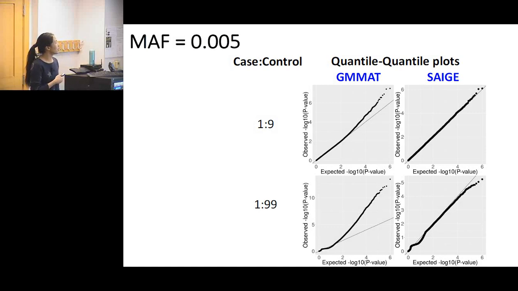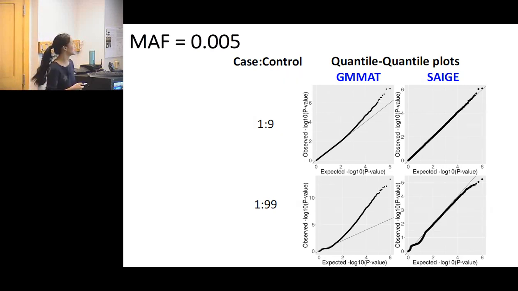When the minor allele frequency is about 0.5%, which is a relatively rare variant in the population, and the case-control ratio becomes more unbalanced, the type 1 error rates get more inflated, and SAIGE corrects for these errors.